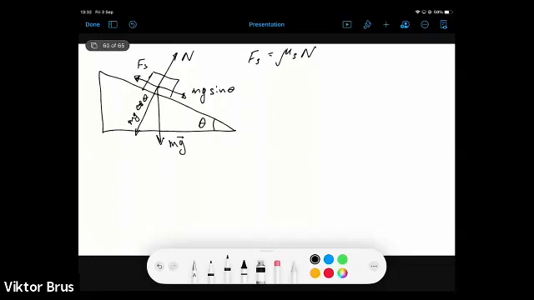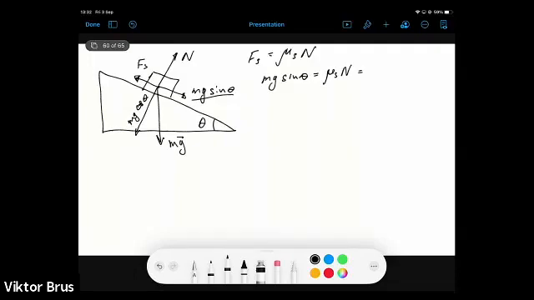This will happen at the moment when the body starts to slide down, when the driving force along the inclined plane is equal to or larger than Fs. So we can write that mg times sinus theta is equal to mu s times n.